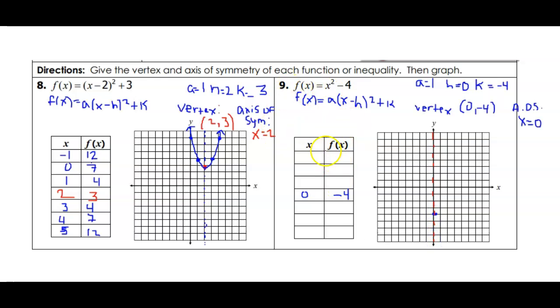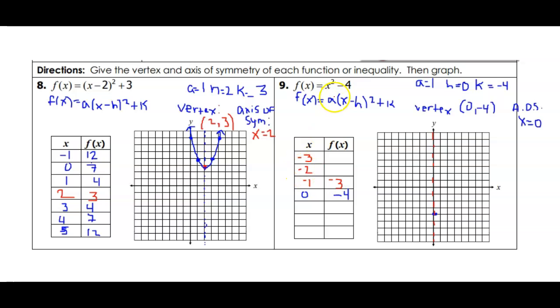Now I want to have my points to the left and right side. Again, I only need to do one side, so I'm going to do the left side: -1, -2, and -3. If I plug in a -1 and square it, I'll have a 1, and then 1 minus 4 is going to be -3.